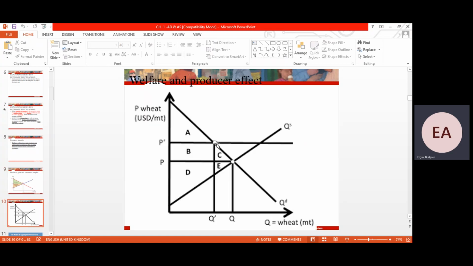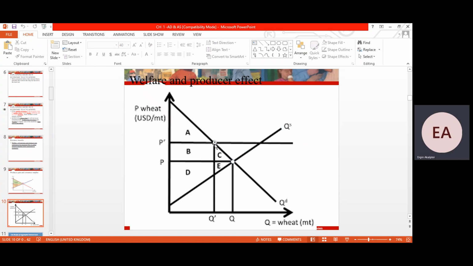And as you are observing here, I put some easily created and easily understandable graphic. The wheat quantity is illustrated on the x-axis and wheat price is on the y-axis. And when the wheat price goes from P to P dash, then the equilibrium moves from, let's say, P to P1, where it is intersecting the quantity.